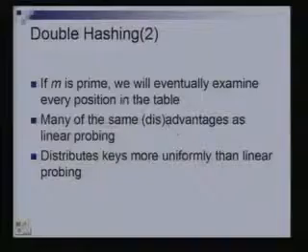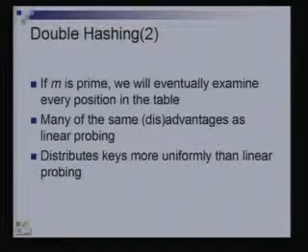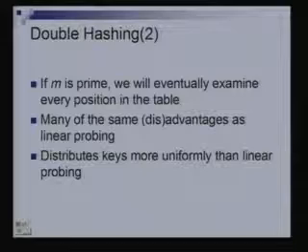If m is a prime, then this technique will ensure that we look at all the locations of the table. So in linear probing, because the offset was 1, we would look at all the locations in the table. If there was an empty location, we would always be able to insert the element.